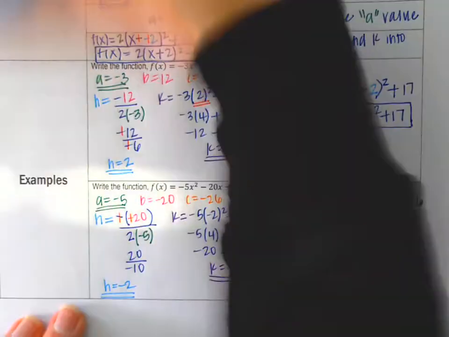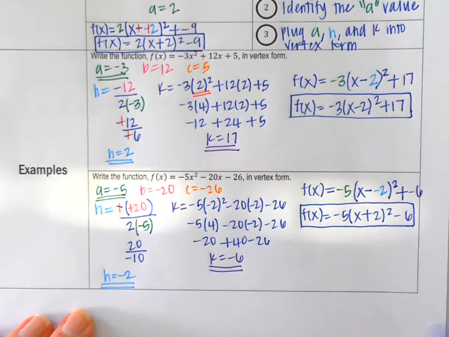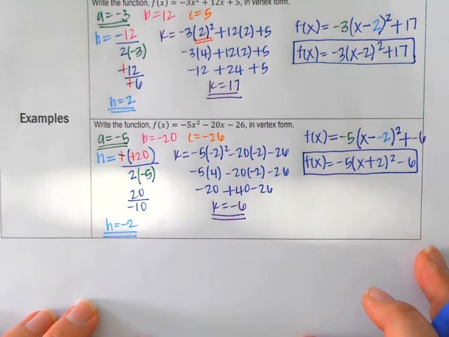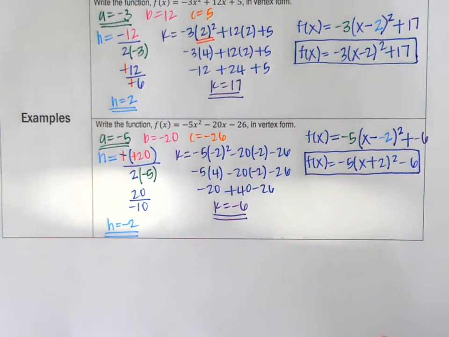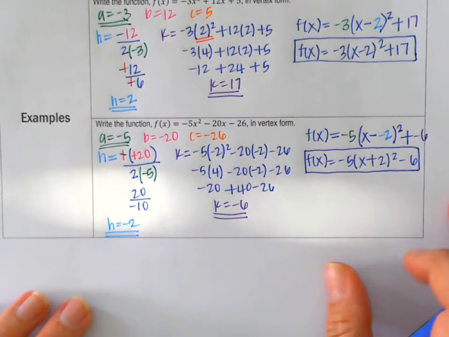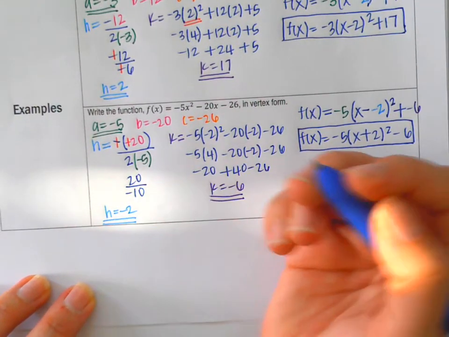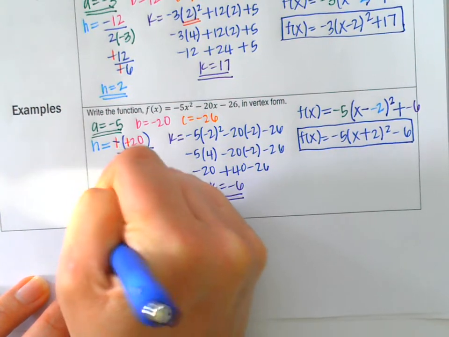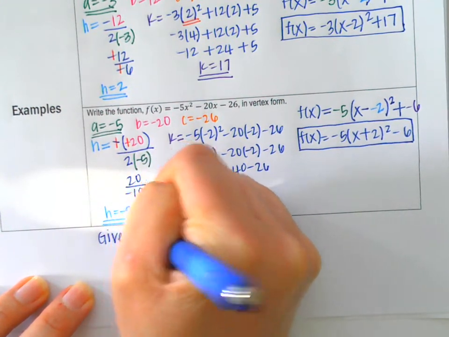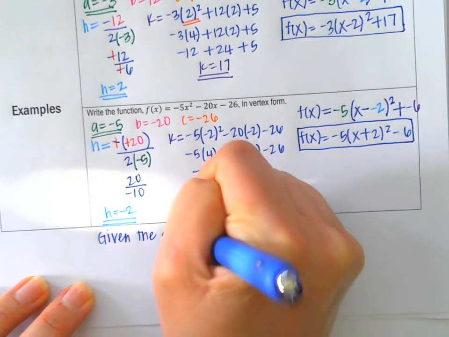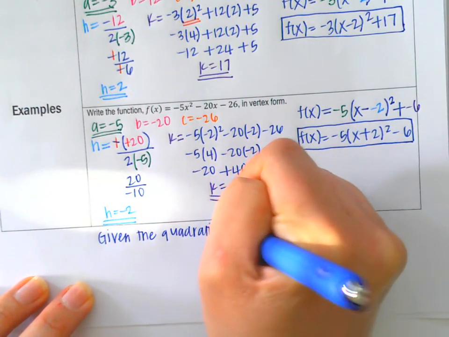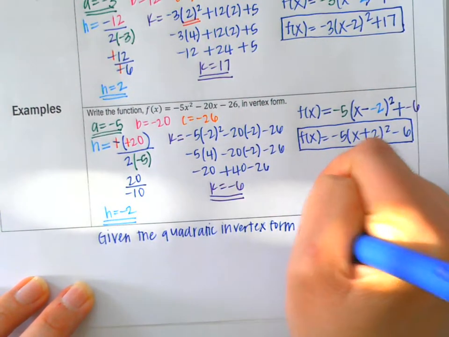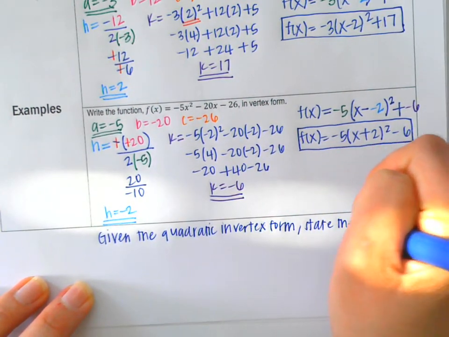Okay, so that's it. But one thing I want to mention, which I should have put in the notes but I didn't, so here we go. We're going to add a little quick tidbit here. Given the quadratic in vertex form, state the vertex.